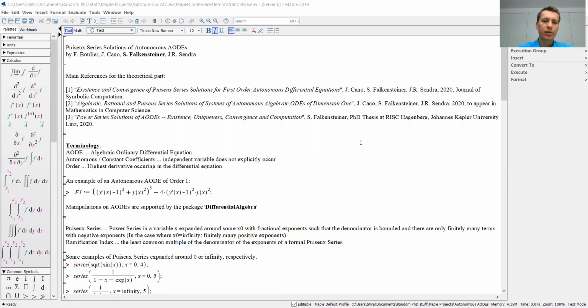As you can see here, it's joint work with Francois Boulier, José Cano, and Rafael Sendra. We have already published a lot of theoretical results on this topic, and now we are currently working on implementing all these things.